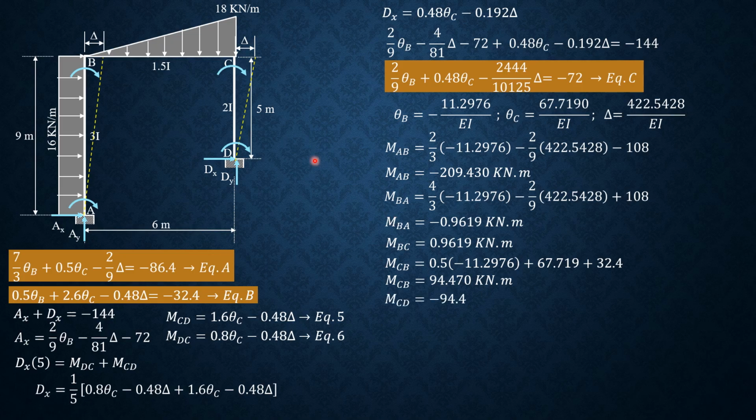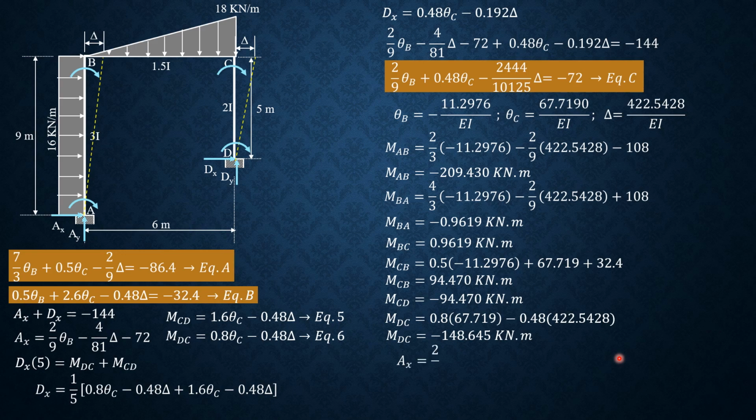MCD is negative 94.47 kilonewton meter. And finally, MDC is equal to 0.8 of theta C minus 0.48 of delta. So MDC is equal to negative 148.645 kilonewton meter.